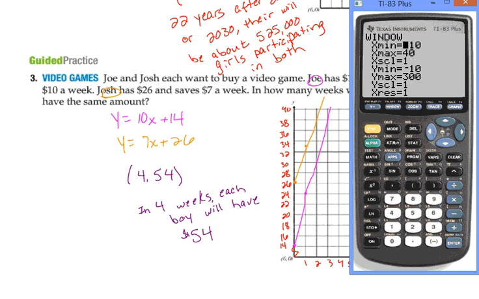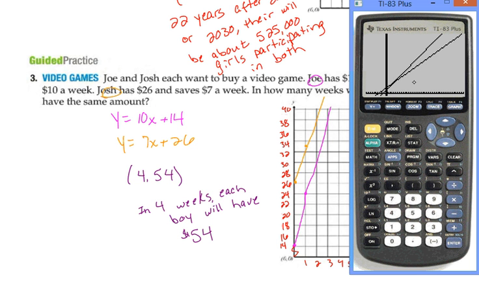I did go to my window right away because I know that it doesn't go back to default. It stays with the window that you already had, which we had what, 2000 in here? So I changed that. I did keep the 40 because I don't know how long it's going to take them, but I changed my Ymax to be around 300.